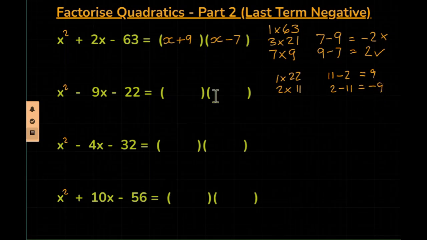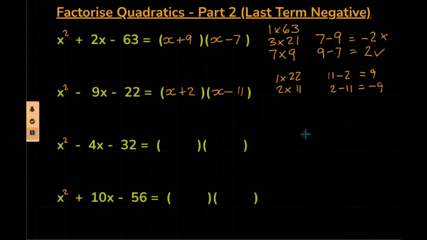Well, which do I want? I want the minus 9, so I want the 2 and the minus 11. So x plus 2, x minus 11. 2 take away 11 is minus 9, and 2 times minus 11 is minus 22. Always worth a quick check.